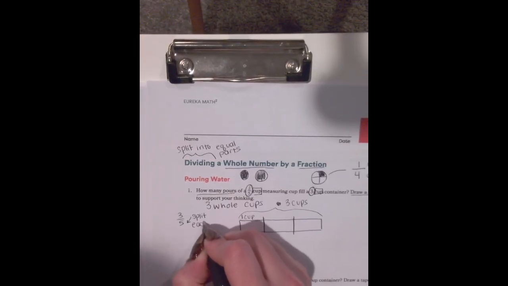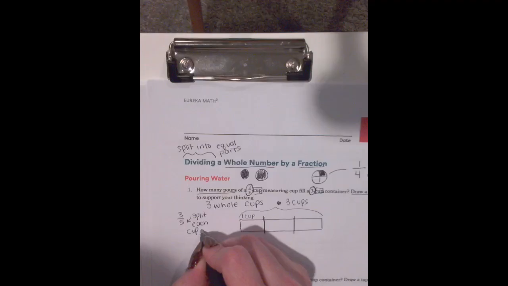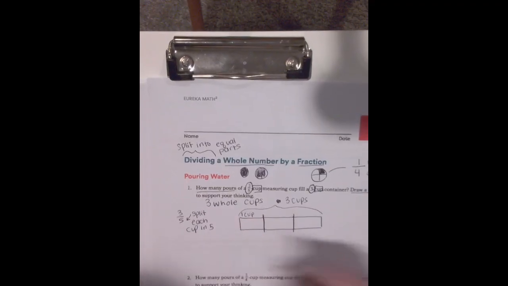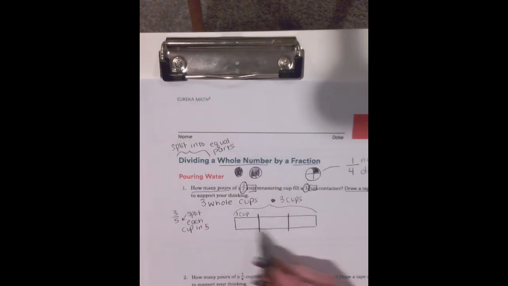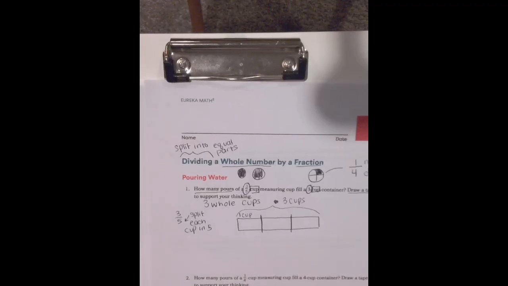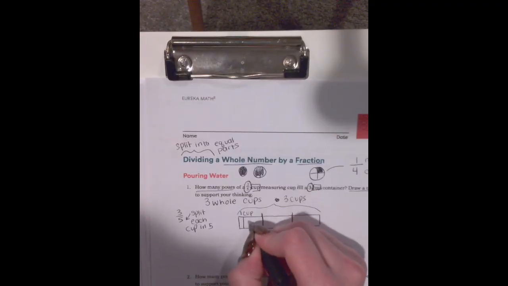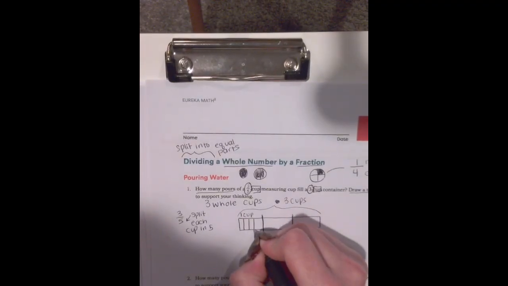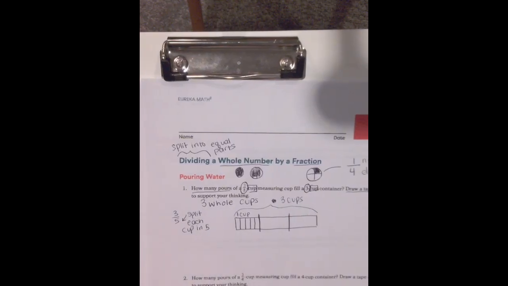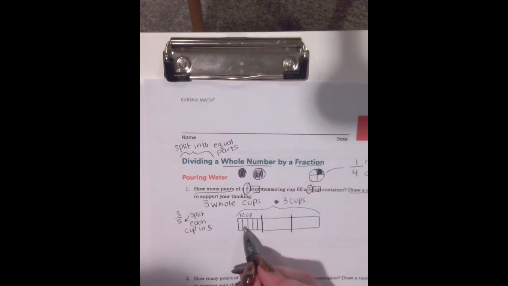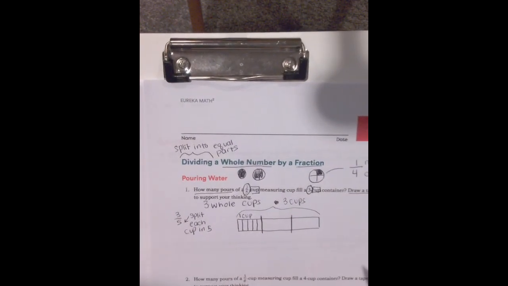each cup in 5. So we already have 1, 2, 3, and now each cup we want to have fifths. So we're going to have 1, 2, 3, 4. So that's 4 lines, but we have 1, 2, 3, 4, 5 sections.